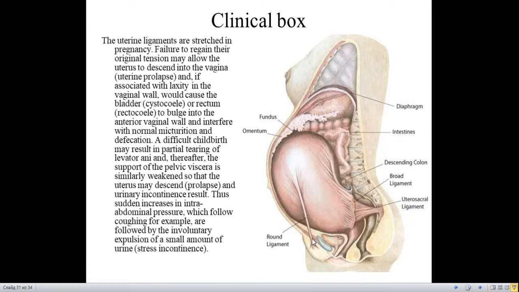Of course, during pregnancy they stretch, and if they do not return to normal condition after pregnancy, they are weakened, relaxed, and it might finally cause prolapse of the uterus.